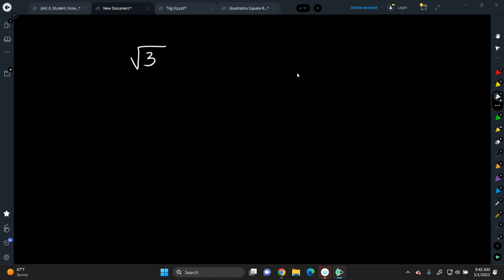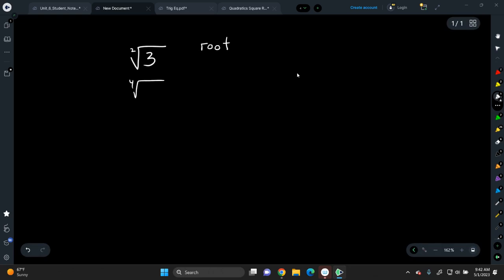It's interesting that you're stumped on that, because a lot of times, if you read that number to me, don't a lot of you say radical 3? Right? So this is a radical. A radical has some sort of root. Okay? This is a square root, right?